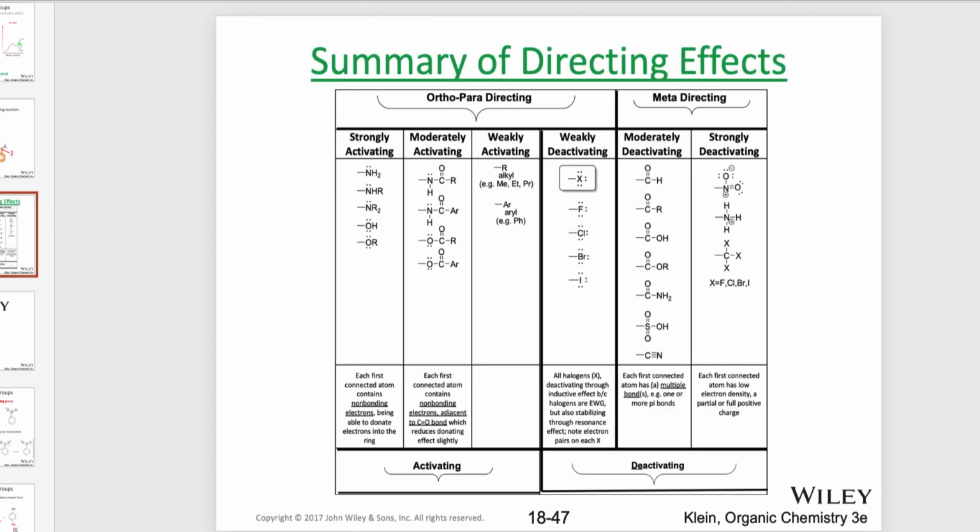Here's again a summary of all the directing effects. Please take time. It will be time well spent to understand these electronic effects, from strongly activating all the way to strongly deactivating, understand the special role of my Jekyll and Hyde group of halogens in here, and analyze the material I've written down in the segment down here.